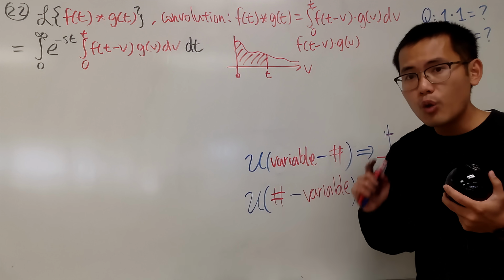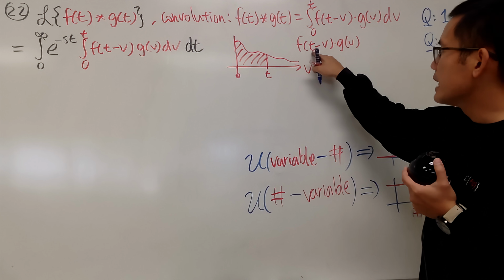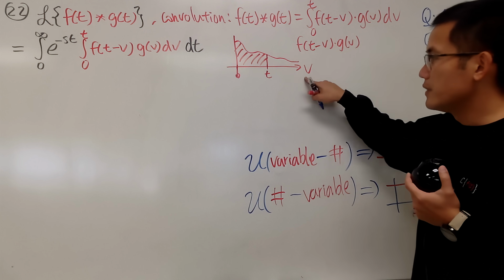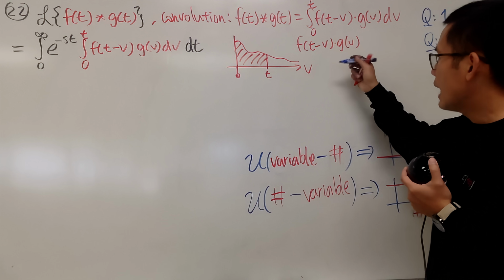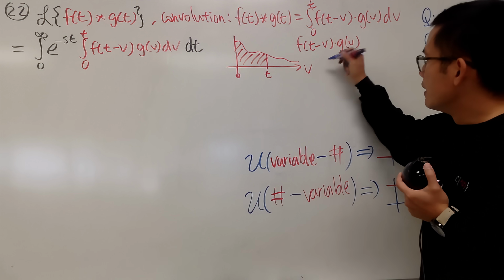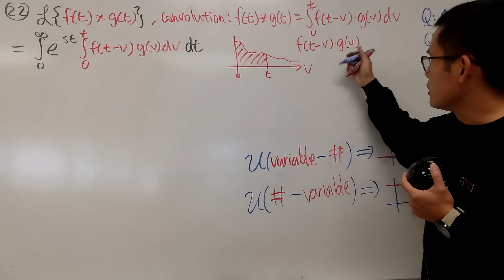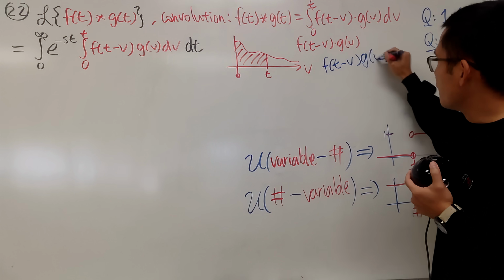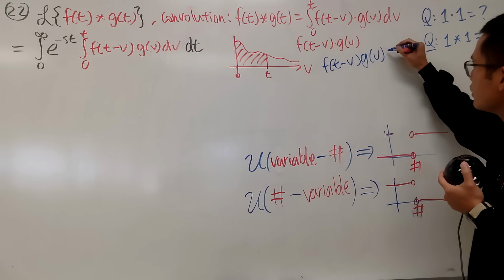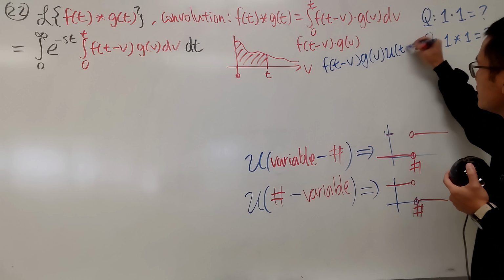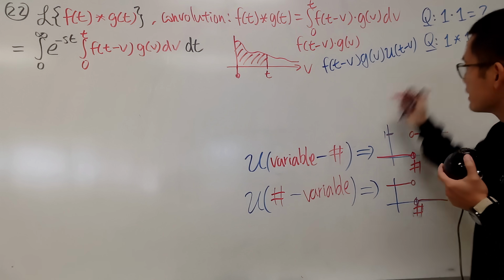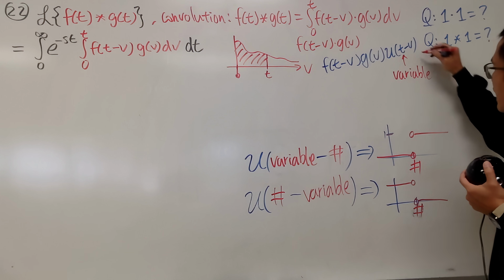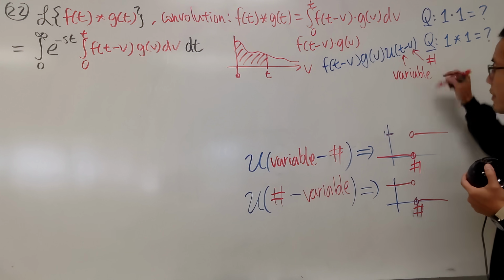But it's actually so wonderful because you notice that t is the number, and v is the variable in the v world right here. So have a look. If we have f of t minus v, g of v, I will put it down in blue, and we multiply by u of t minus v, where this is the variable and this is the number.